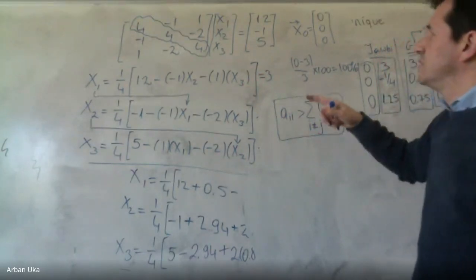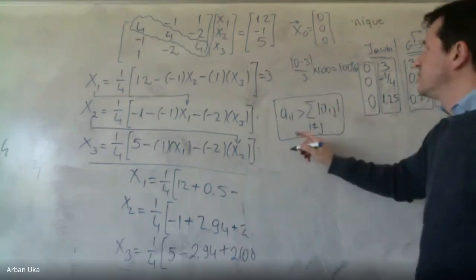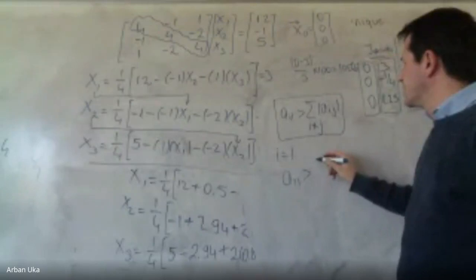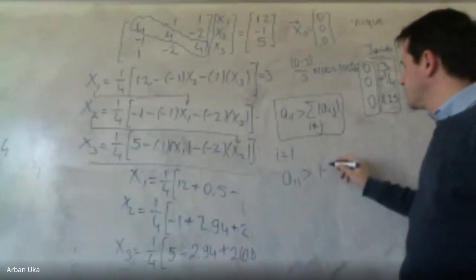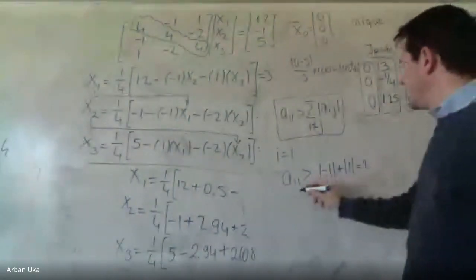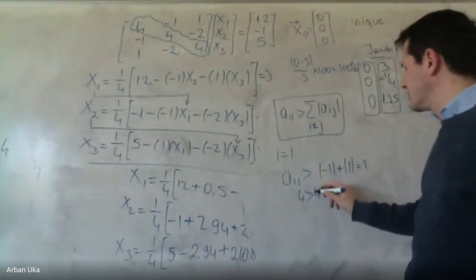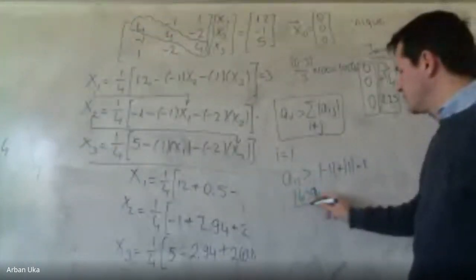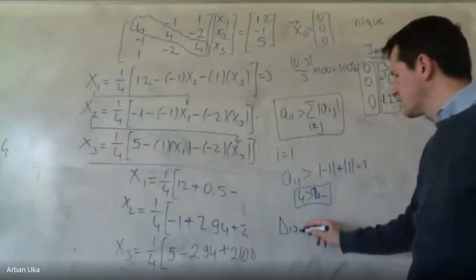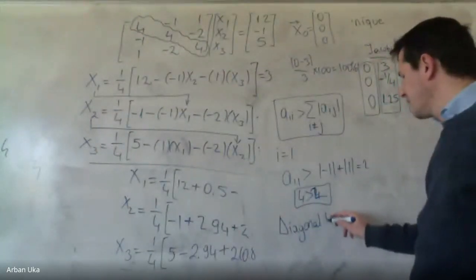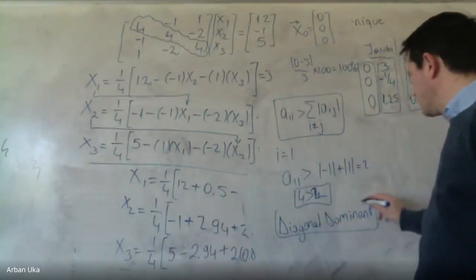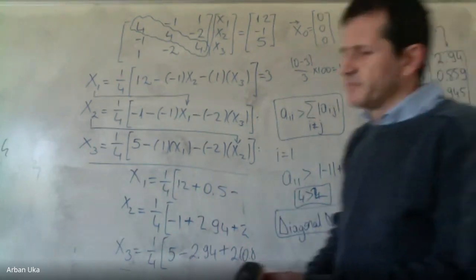When i is equal to 1, we see that A11, which is 4, is larger than the summation of the absolute value of 1, the absolute value of -1, plus the absolute value of 1, which is 2. So this is good. If this is the case, we call the matrix diagonally dominant. So this would be the diagonally dominant system.